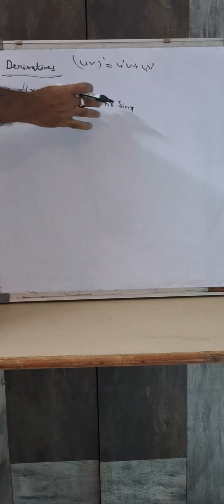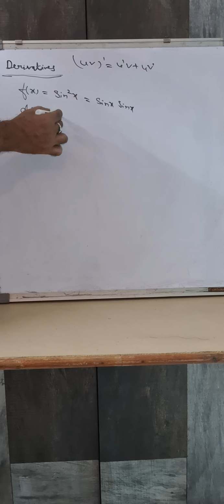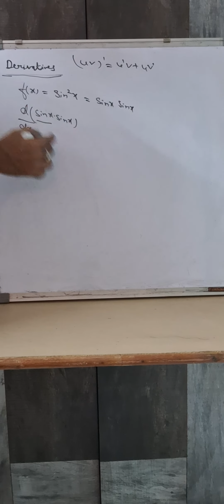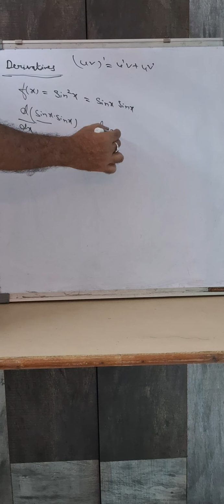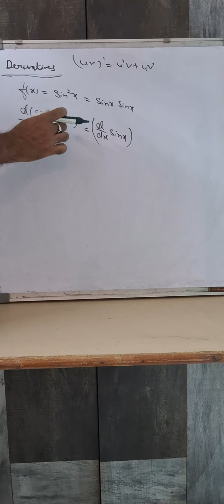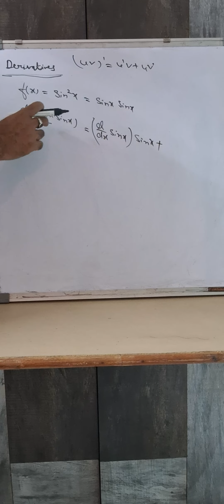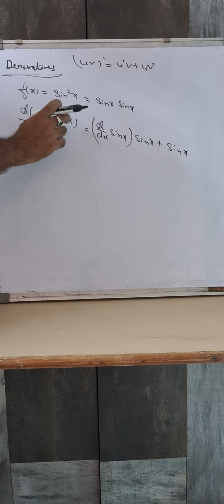So d of sin x into sin x, we first differentiate d upon dx sin x, keeping second as it is, plus keeping first as it is, differentiation.